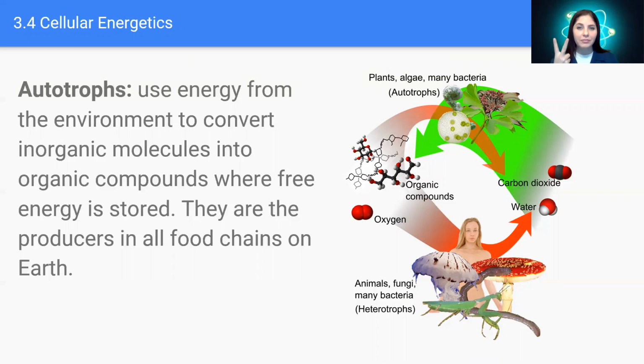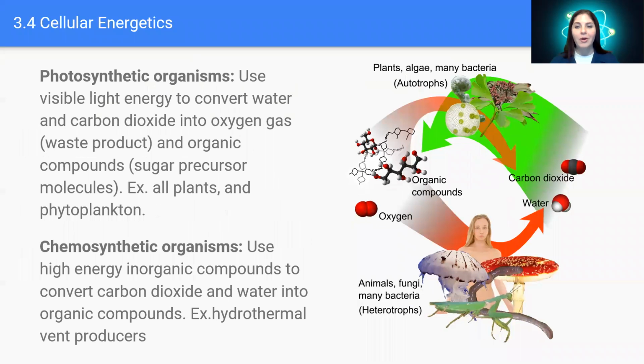Now we have two different types of autotrophs: photosynthetic autotrophs and chemoautotrophs. Photosynthetic autotrophs use visible light energy to convert water as well as carbon dioxide into oxygen gas and organic compounds such as sugar precursors. And this occurs in all plants as well as phytoplankton.